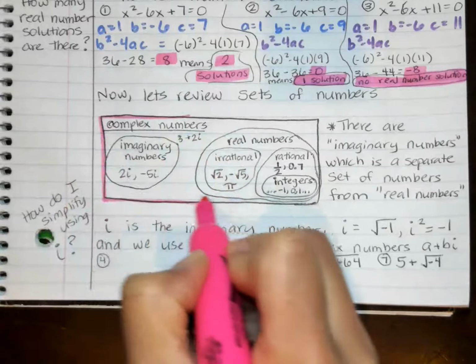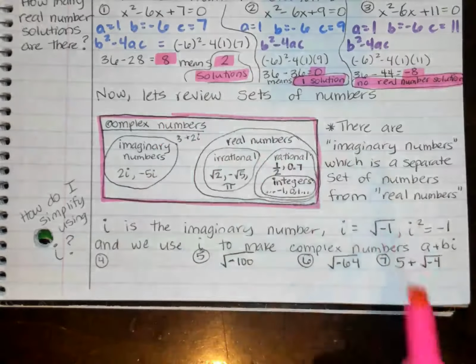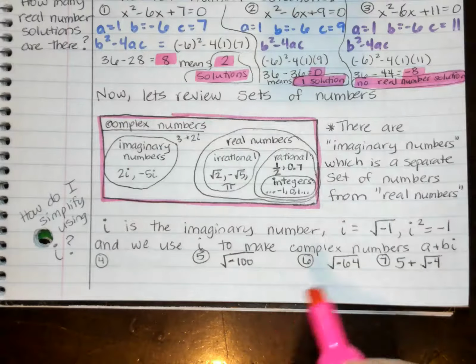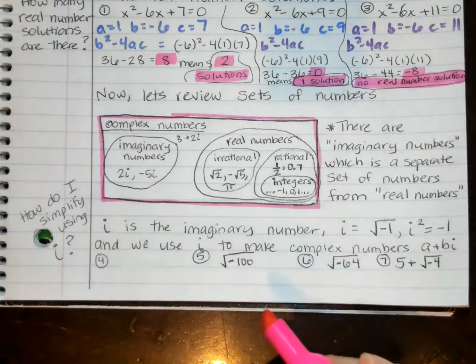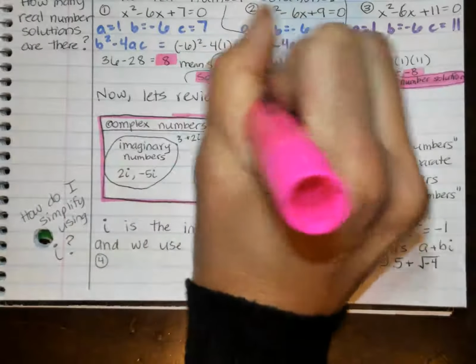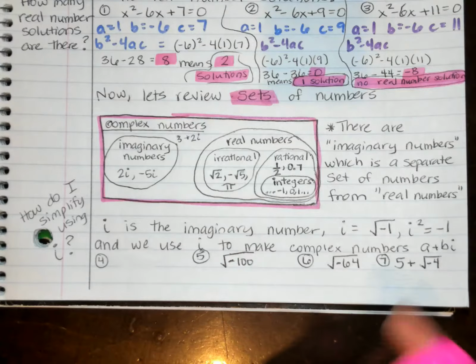This is, it's not the best. I mean, you could probably take up a whole sheet of paper to write down all the different sets of numbers, and I just tried to show it real quick. This is showing sets of numbers. So it says, now let's review sets of numbers. I encourage you to just Google sets of numbers and see what different kinds of sets there are.